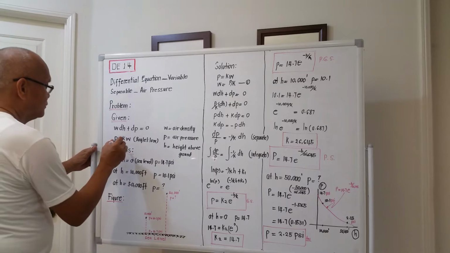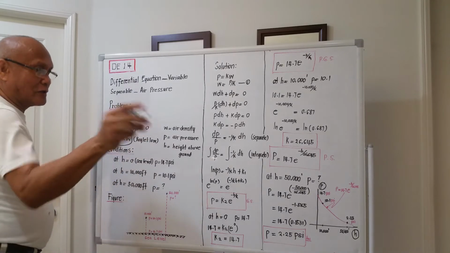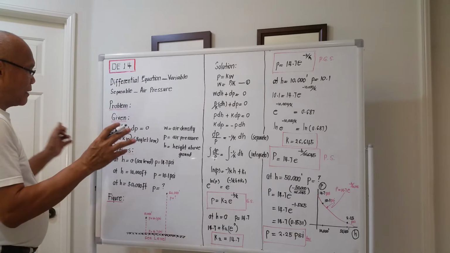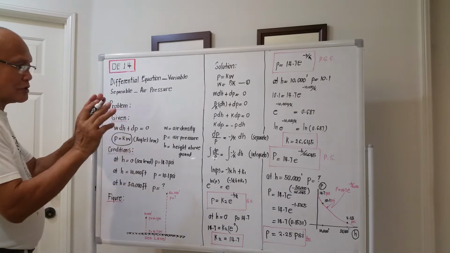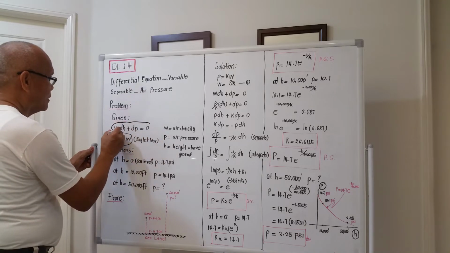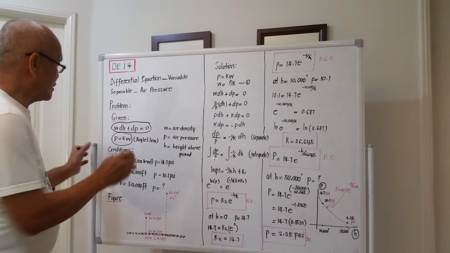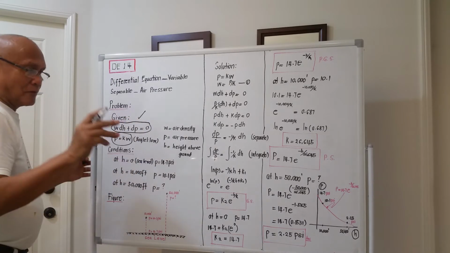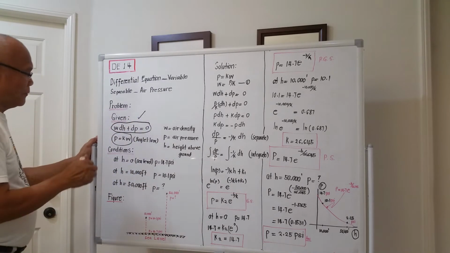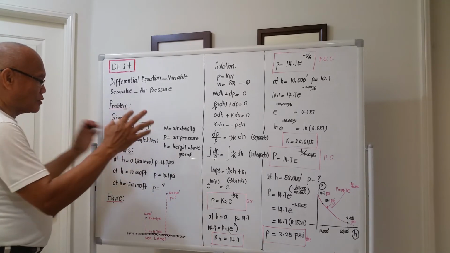This is Boyle's law. And according to the problem, the variation of pressure with respect to height is this differential equation here. The problem gives us this differential equation plus the condition that Boyle's law will be used in the solution of this one.